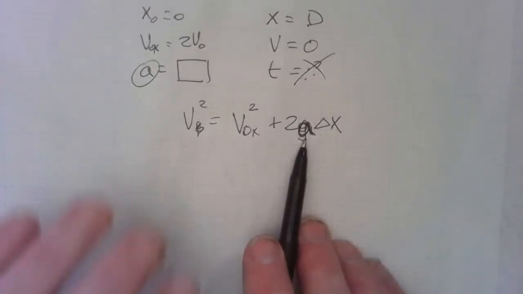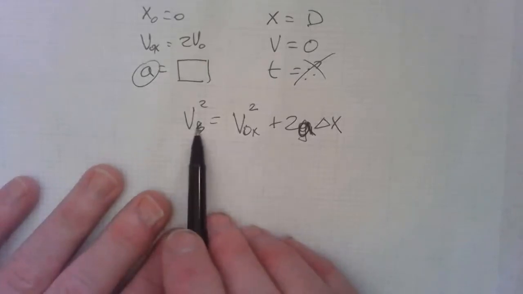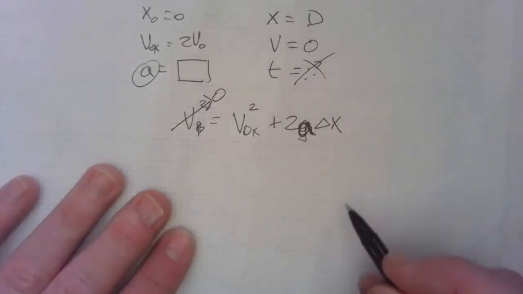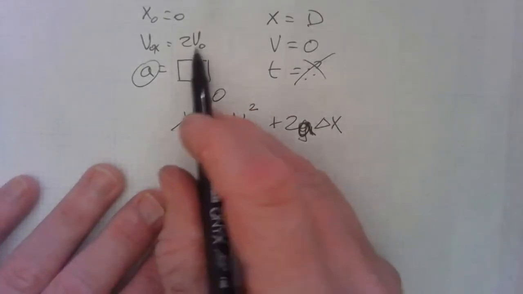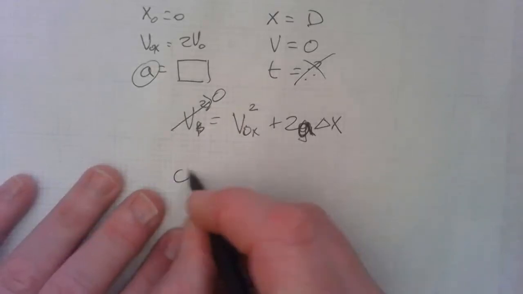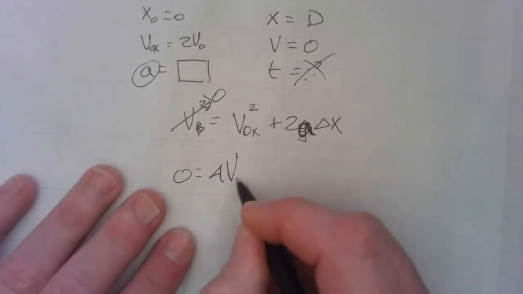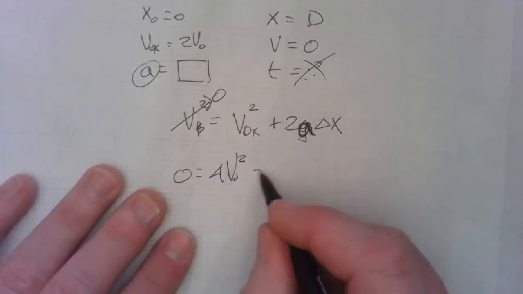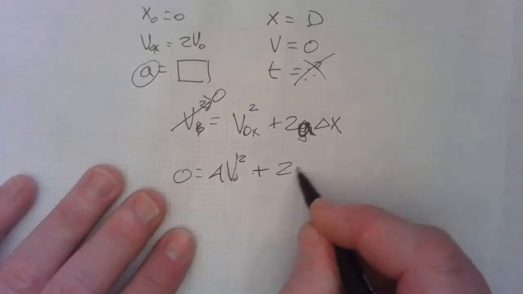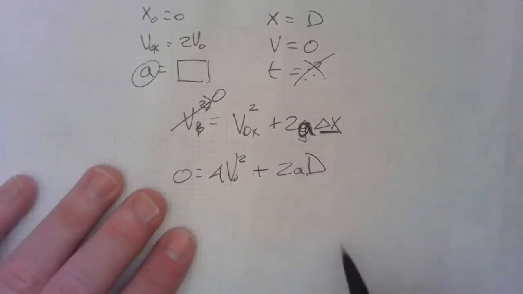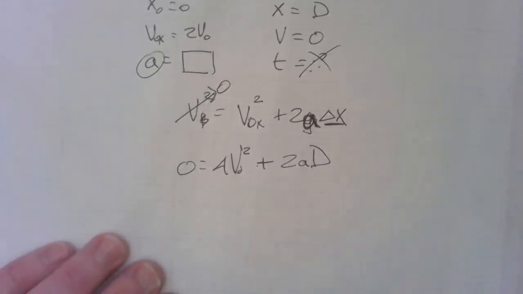I think that's what we're going to go after. So v final is 0. V initial is 2 VO, so you're going to square that. So you're going to end up with 0 equals 4 VO squared plus 2AD. Change in position is D. And you're solving this for the acceleration.